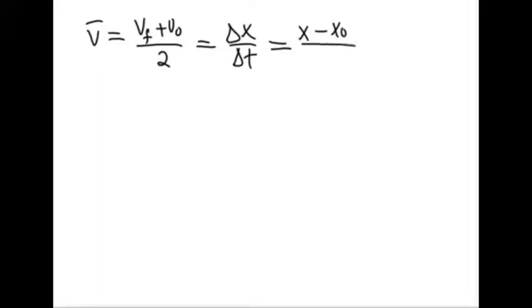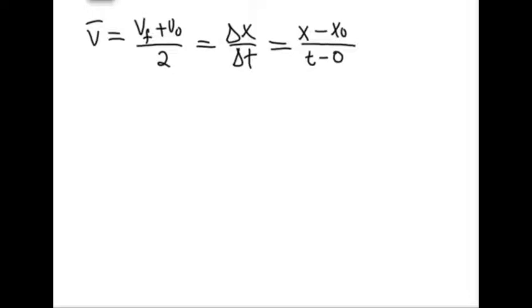Average velocity is the final velocity plus the initial velocity divided by 2, which is delta x divided by delta t. Now delta x is the final position minus the initial position. Delta t will always be a change in time, which is the final time minus the initial time, and we'll always use the convention that we'll start at t equal to 0.